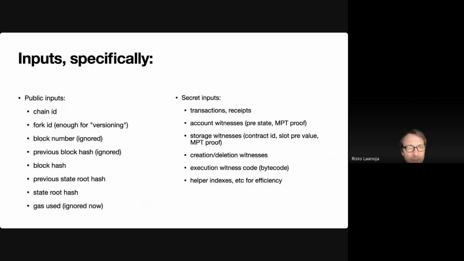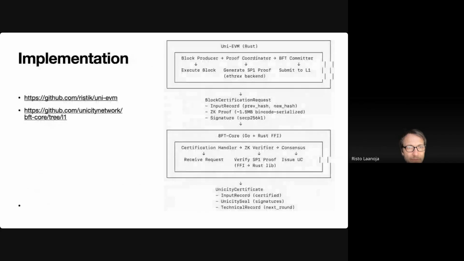Okay, I'll skip some stuff and go on with implementation. It's a different repository, which is using Ethrex as a submodule, or sub-repository, and it's a branch called L1 at the BFT core repository.